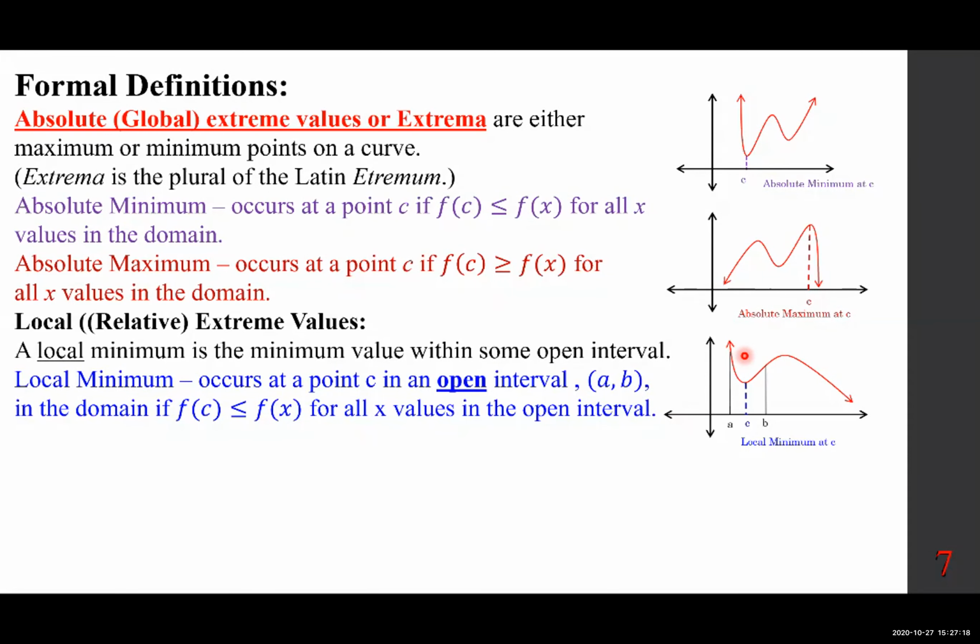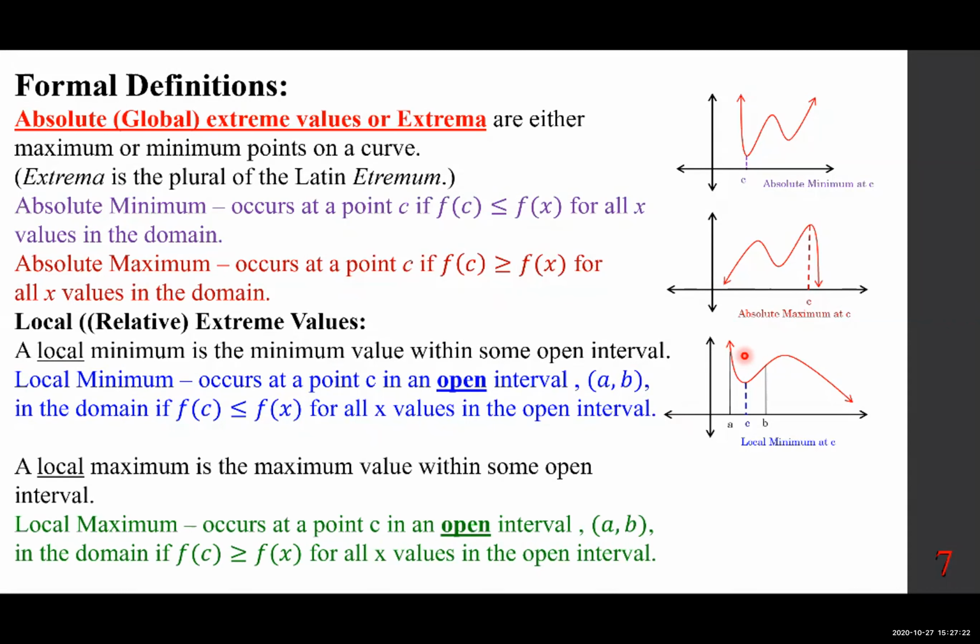And the definition for a local max, again, is the largest number within some open interval of a to b. So this point is a local min, and this point is a local max. I hope it's clear to everybody. It's fairly simple and straightforward. So those are the definitions of extrema.